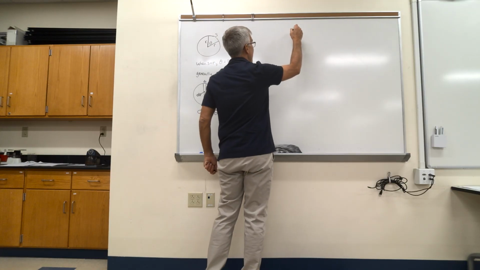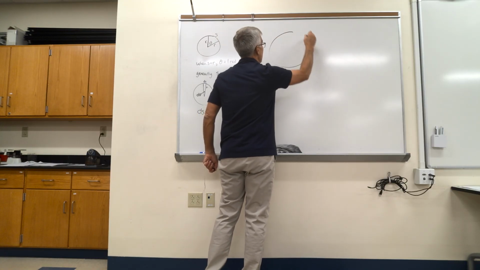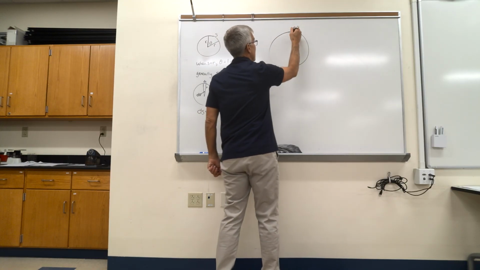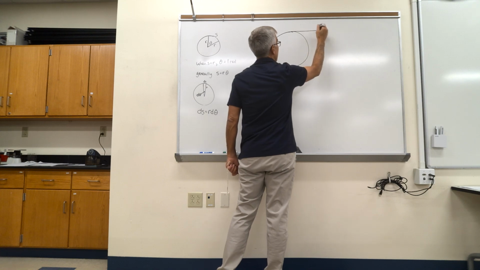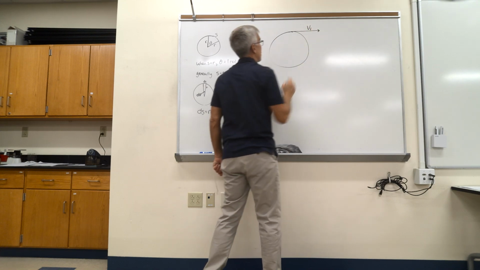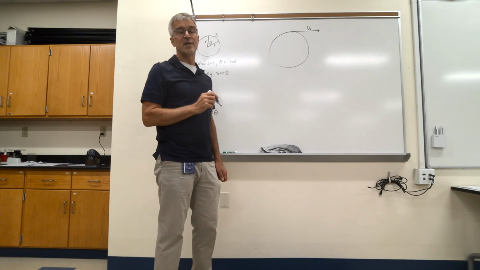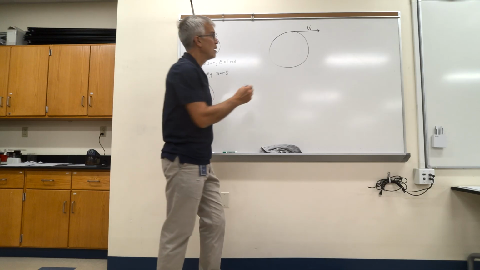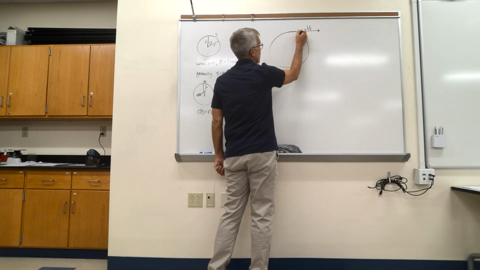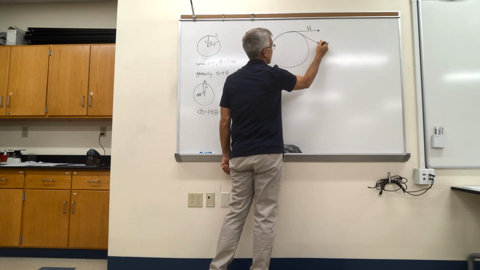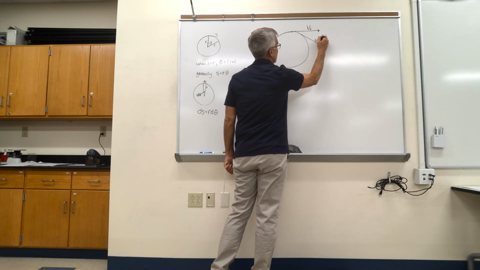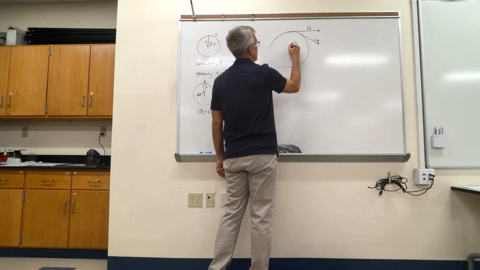So here's the path of the rubber stopper, a circle. I'm going to take a look at the velocity of the rubber stopper at that point. It's always going to be tangent to the circle. And then a very short time later, we have a different velocity, v2, also tangent to the circle.